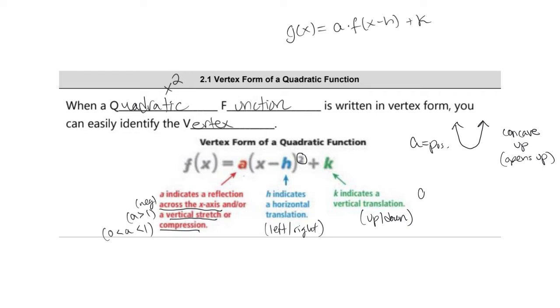Now, when a is negative, we have a reflection over the x-axis, so it's going to be an upside down U shape, which we call concave down or opens down. So that's when a is negative, and when a is positive, it's just a normal U-looking shape.